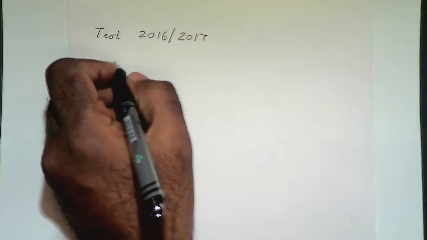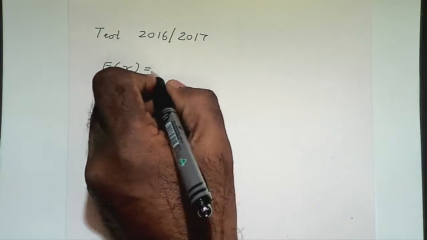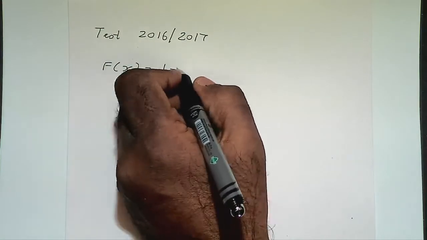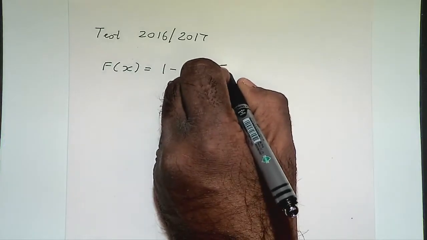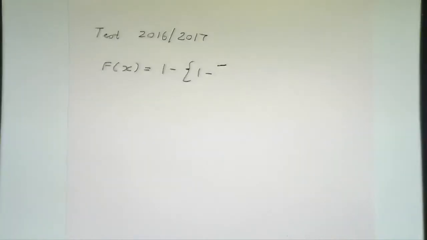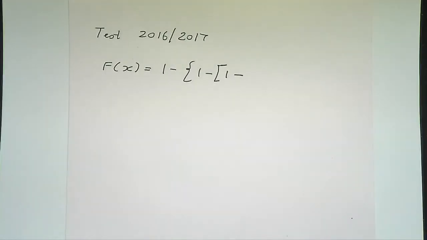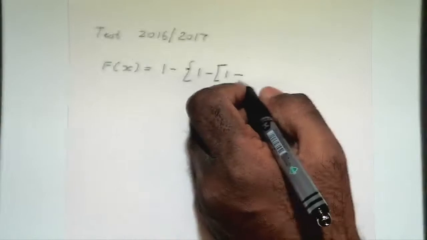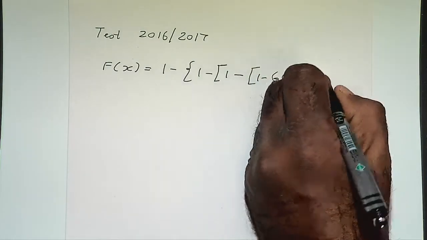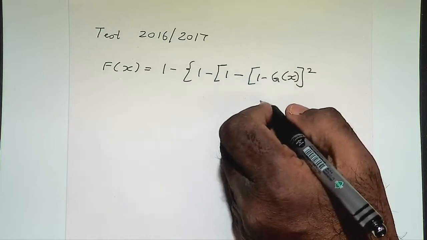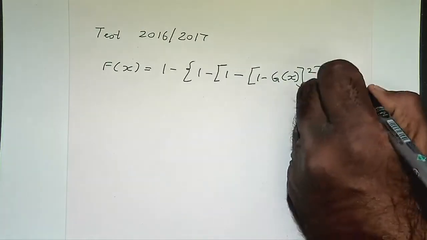So you're told that f of x is equal to 1 minus, there are too many brackets here, 1 minus 1 minus g of x squared, then cubed, then to the power 4.